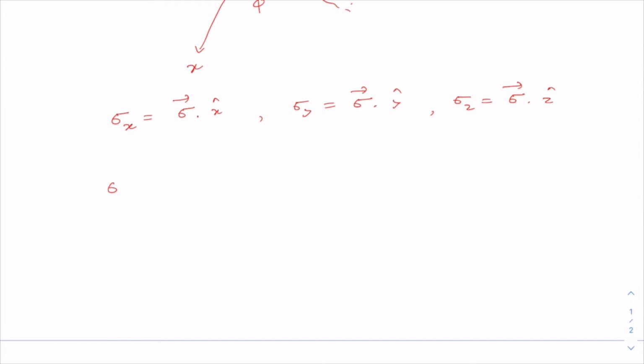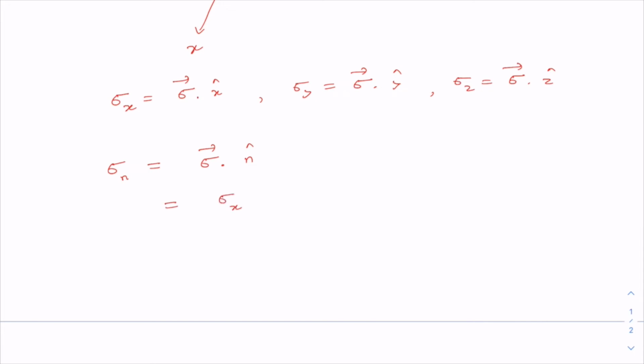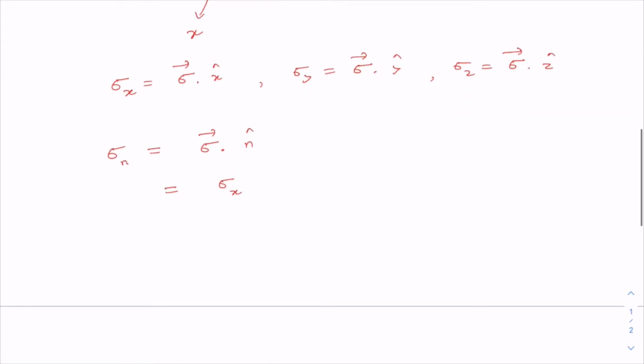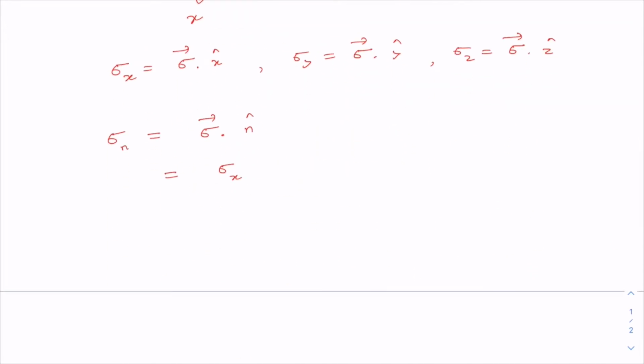So quite clearly, the component of the Pauli matrix along this arbitrary direction n cap would be sigma dot n cap, which I can now write as sigma x times the x component of n cap, and so on for y and z. So let me write all the components: sigma x sine theta cos phi, plus sigma y sine theta sine phi, plus sigma z cos theta.